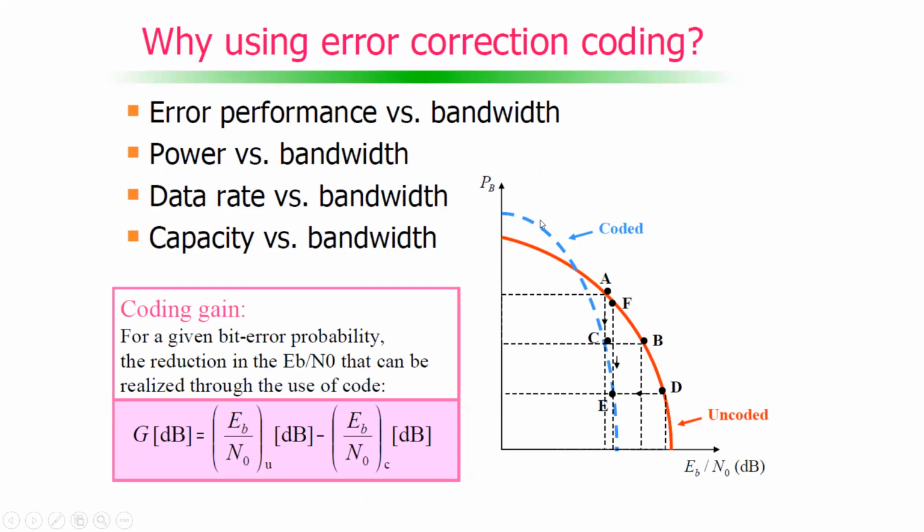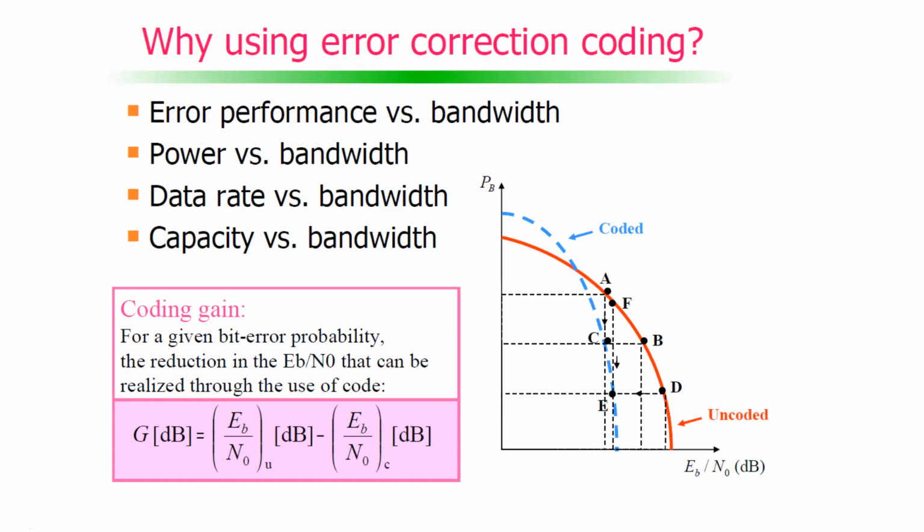This graph is between the signal to noise ratio and the probability of error. The orange curve gives us the case when you do not do channel coding. When you do channel coding, you must be aware that we introduce parity bits into the digital data. Parity bits are used to detect and correct the errors.